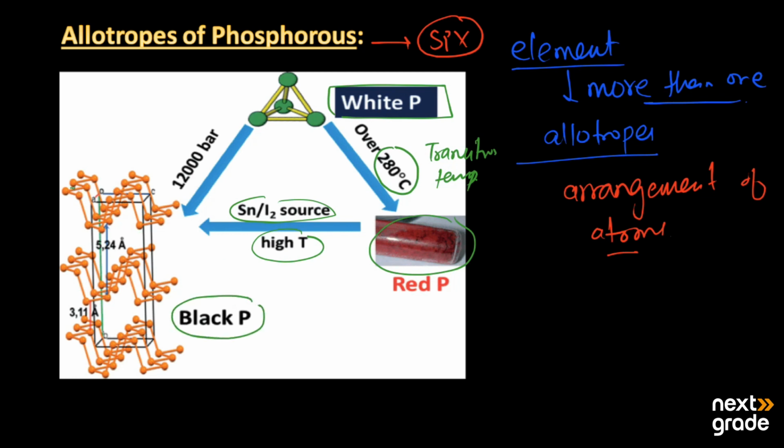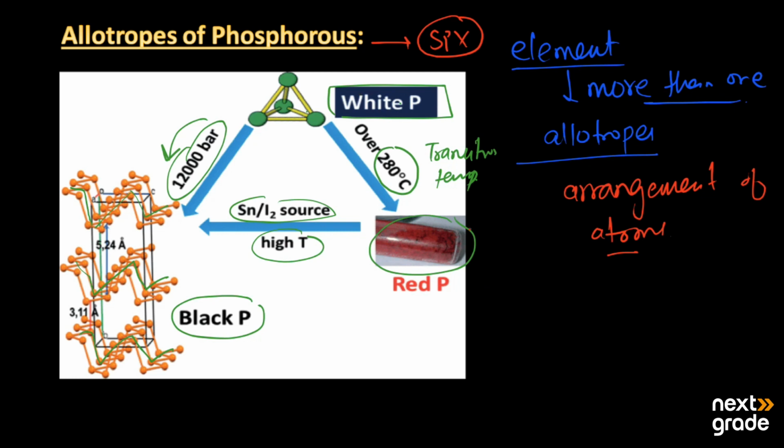Here you can see that the structure of black phosphorus is very complicated, as the atoms are attached to one another in a zigzag manner. White phosphorus can also be converted into black phosphorus at 12,000 bar, and white phosphorus has only one molecule attached, as it is too reactive.